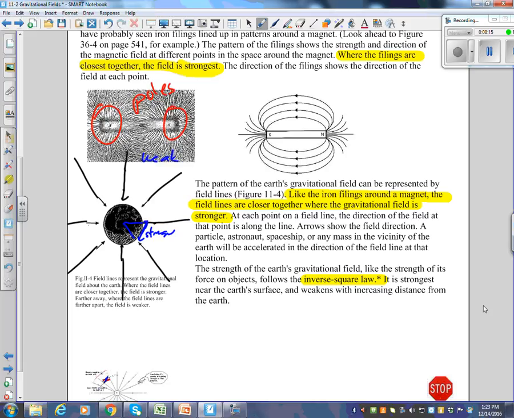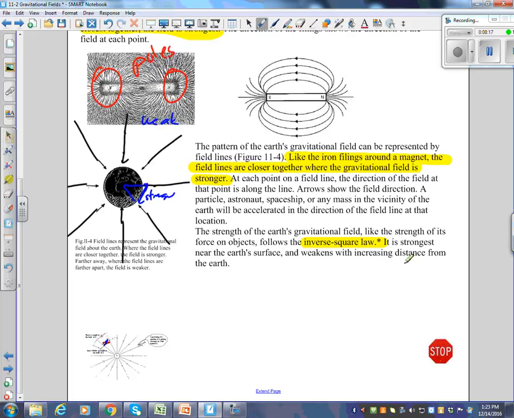Now, what does this inverse square law mean? Interestingly enough, I was just talking about this concept with grade 12s too. Here's how the inverse square works. If you're 2 times as far away, your gravitational field strength is 1/4.